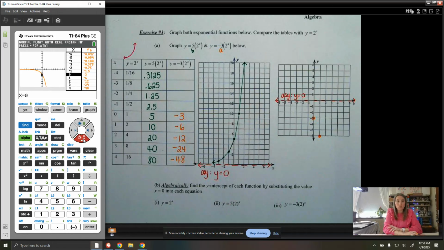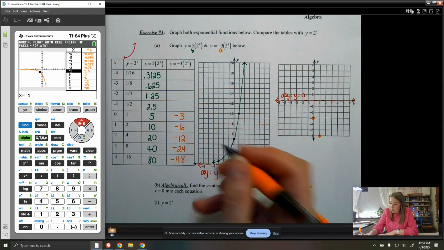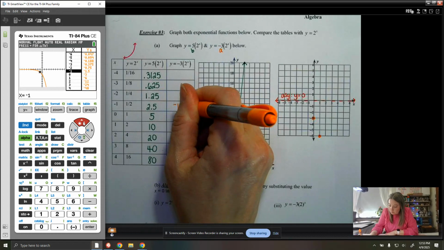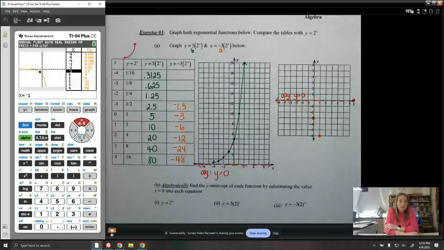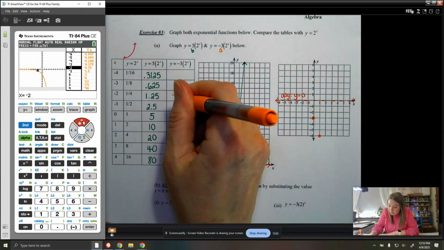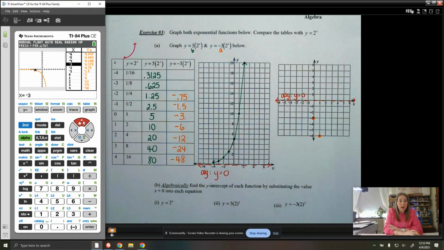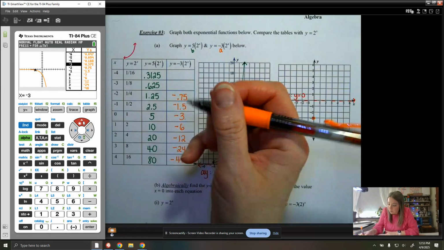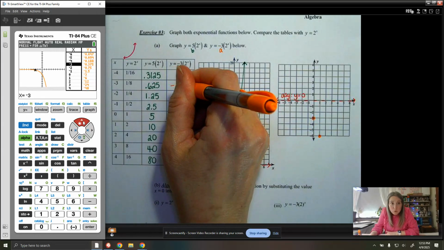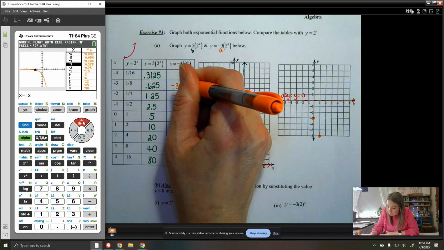Now, if I go backwards just a little bit, because that's all I have time for, I've got a negative 1.5. I've got a negative 0.75, 3/4, right? I've got a negative 0.375, excuse me about that.